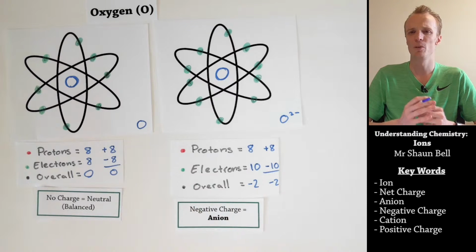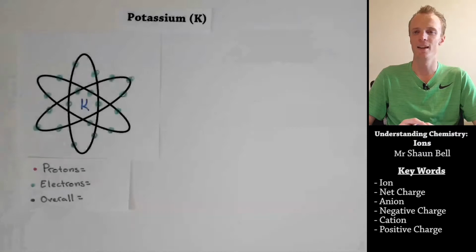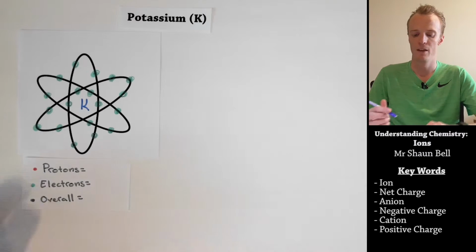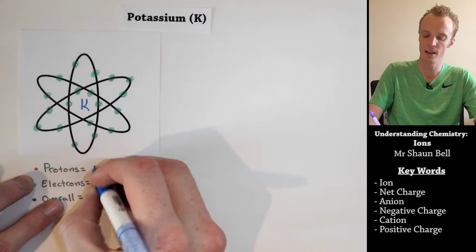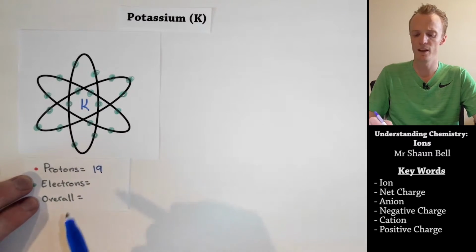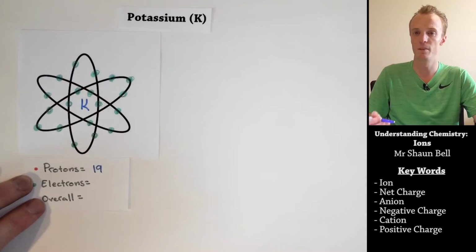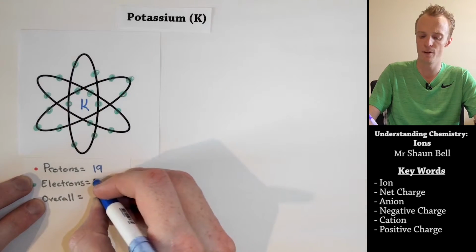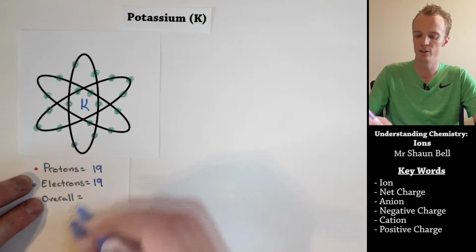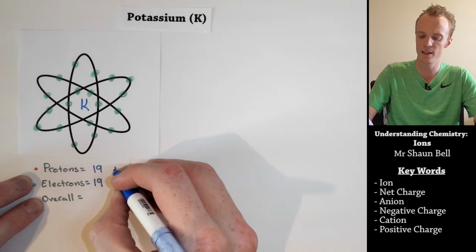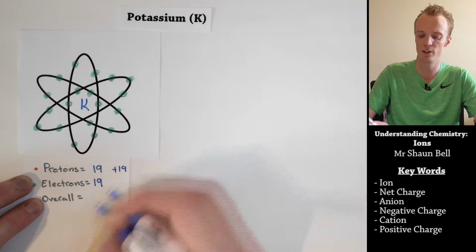So let me show you another example. So here we've got an example of potassium. If I begin by counting the number of protons in potassium, there are 19 of them. If I count the electrons here in my diagram of potassium, I'll also find that there are 19 of them. Now, to work out the overall charge, the number of protons, the 19, gives me a +19 in my charge.